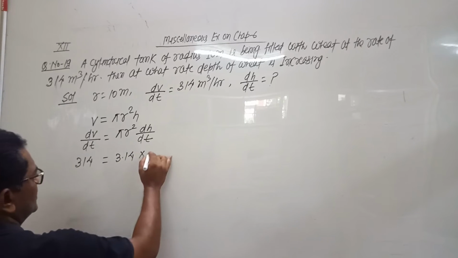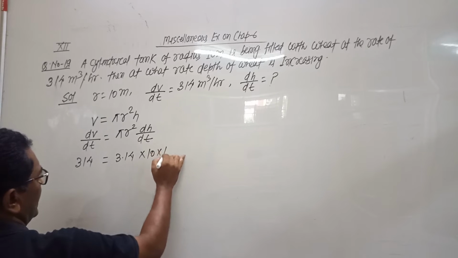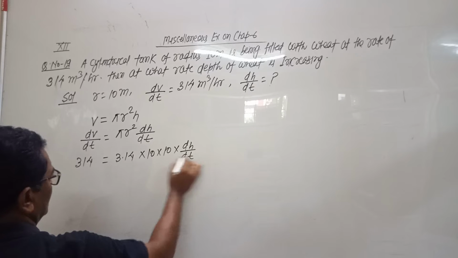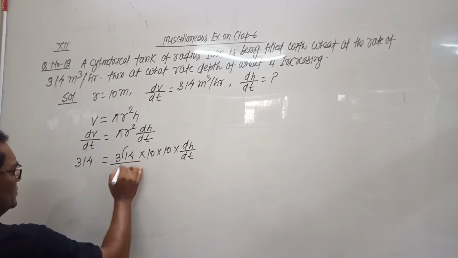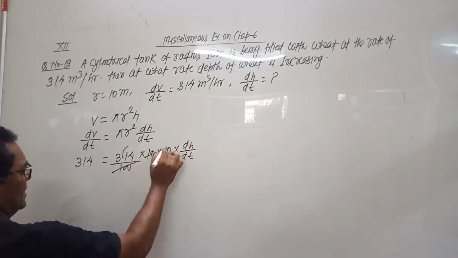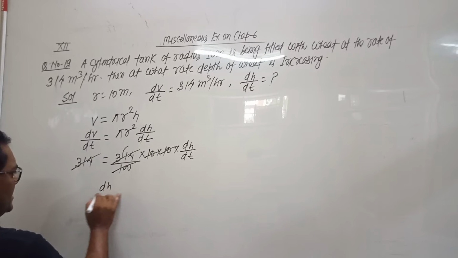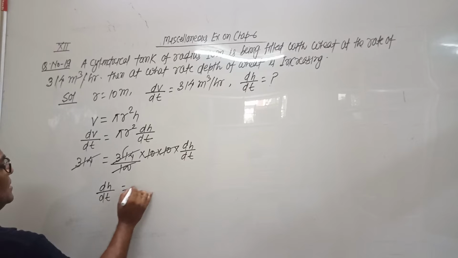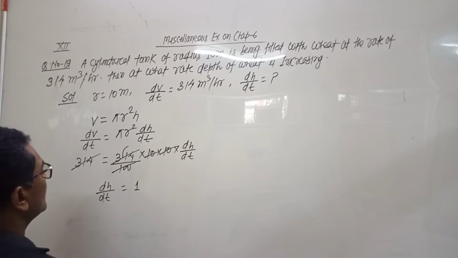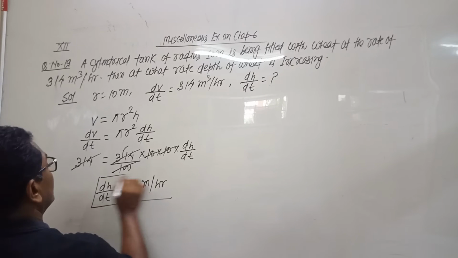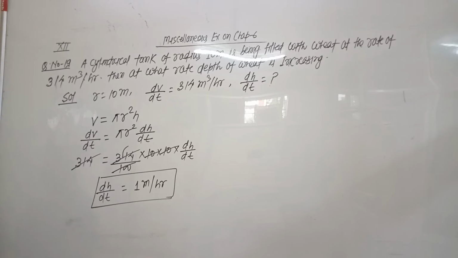The radius is 10, so 10 into 10 and into dH by dt. So decimal removed comes 100. 314 cancel and we get dH by dt equals 1 meter per hour. The depth of the wheat is increasing at the rate of 1 meter per hour.